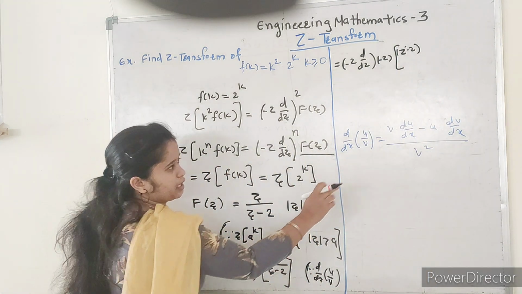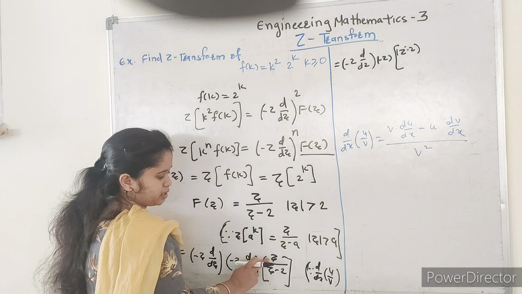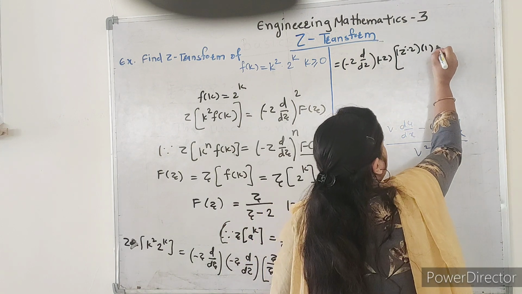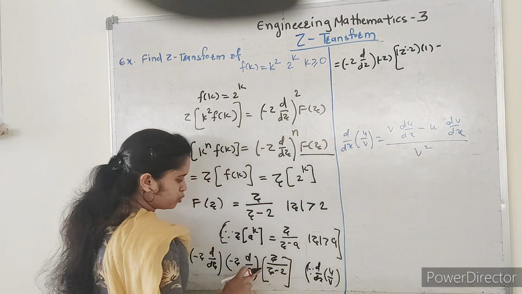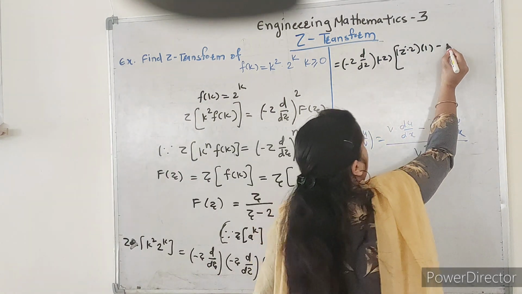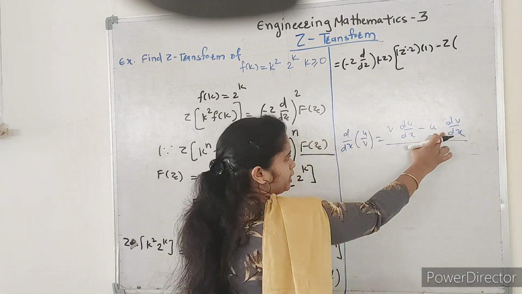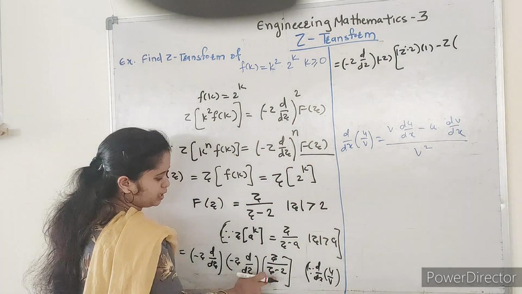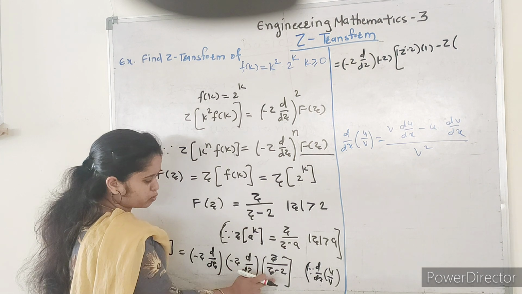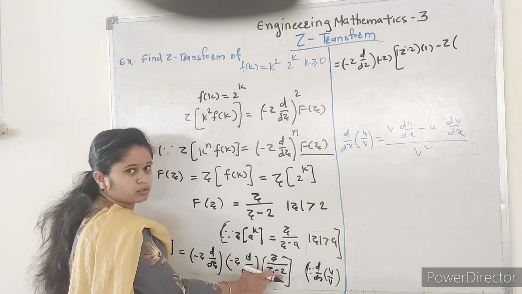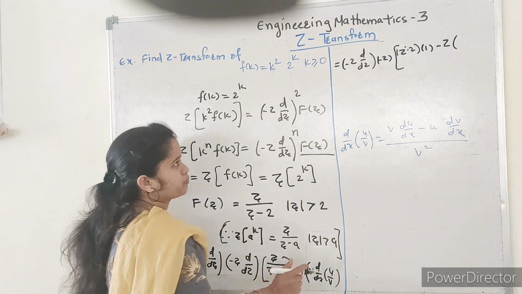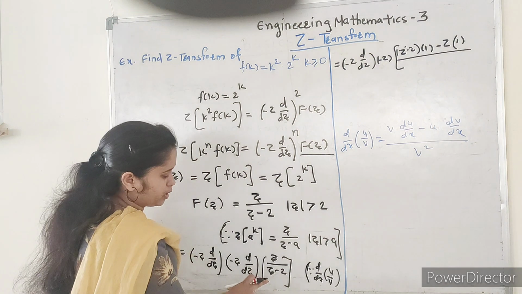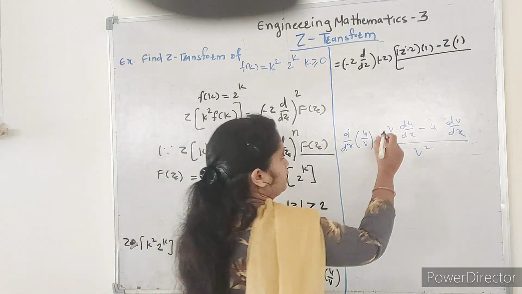Next, derivative of u means z, and derivative of z with respect to z is 1. Minus u as it is, u means z as it is. Next the derivative of v. What is the derivative of z minus 2 with respect to z? It is 1, and the derivative of minus 2 is 0. So here 1 upon v square. V square means z minus 2 square.